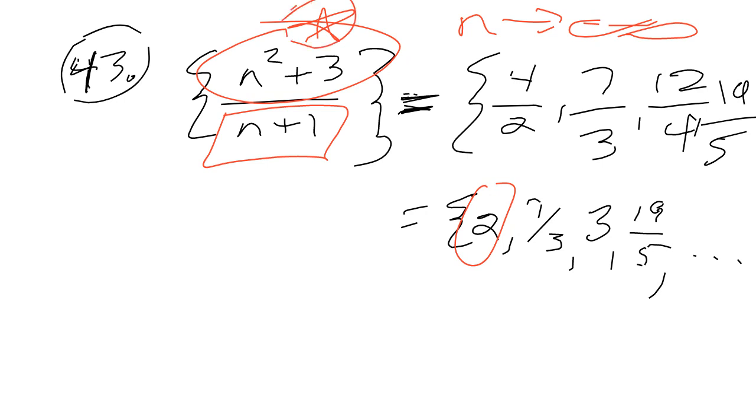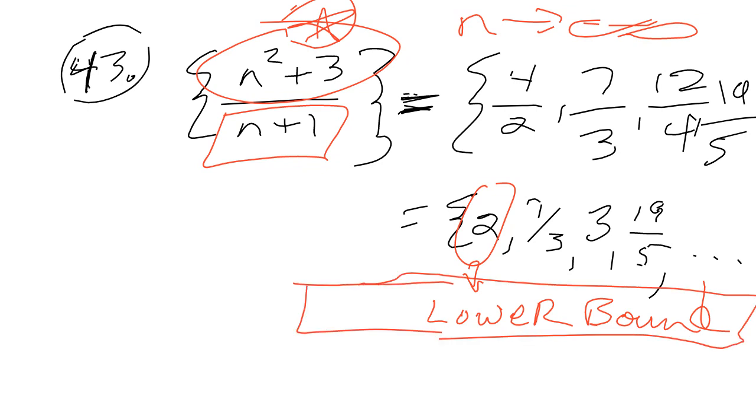It's going to get bigger and bigger compared to the denominator. So the smallest this is going to be is when n equals 1. This is a lower bound. Now 0 is also a lower bound because this would never be less than 0, right? So 0 is a lower bound, but 2 is actually what we call the greatest lower bound. Okay, so it is bounded on the bottom by 2.